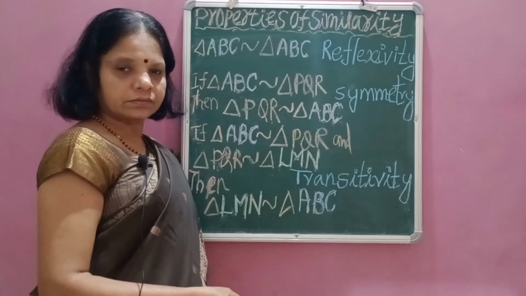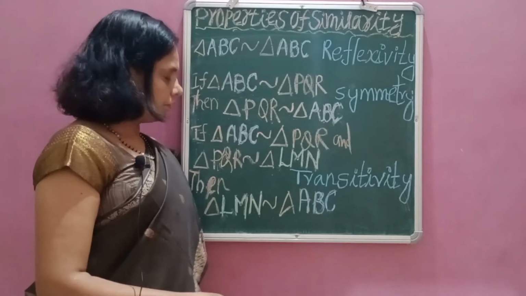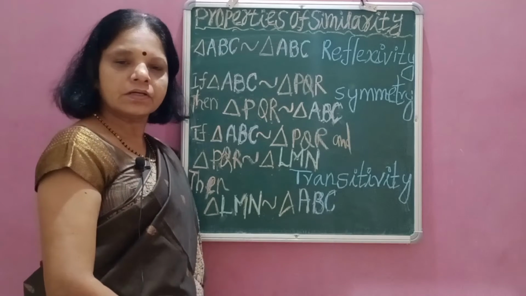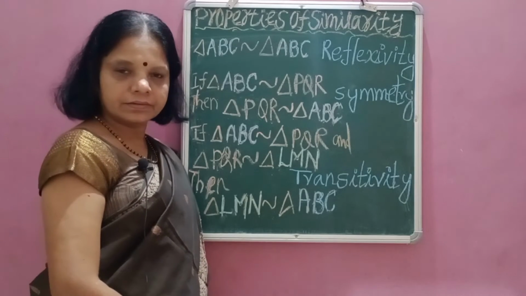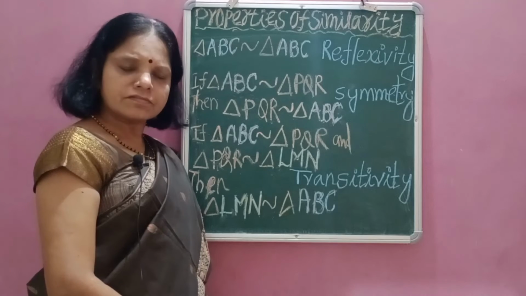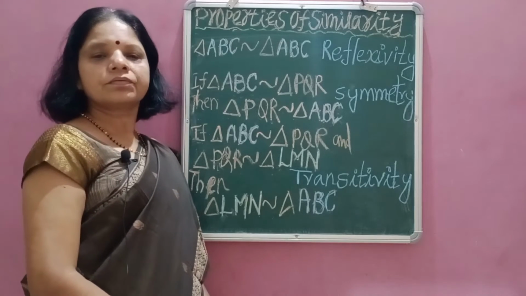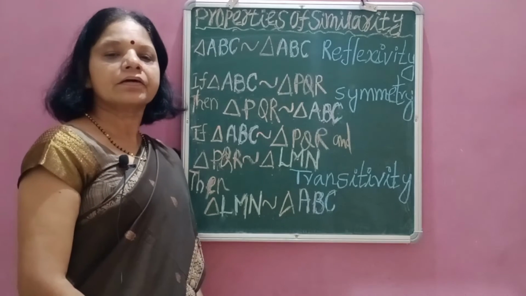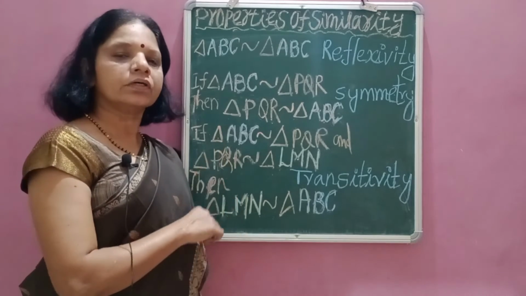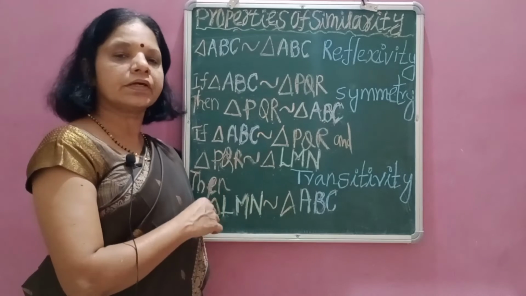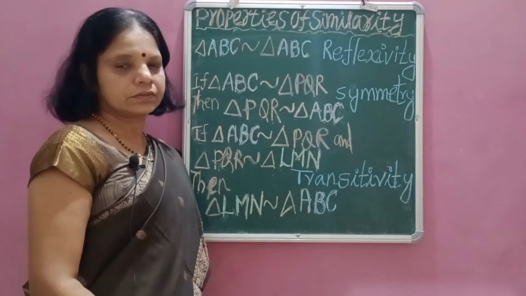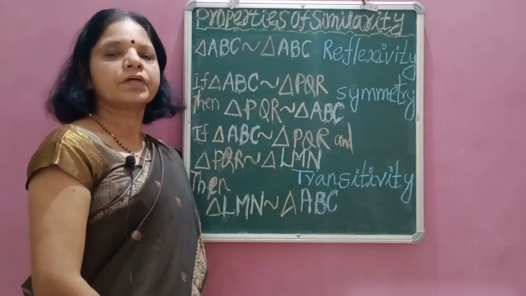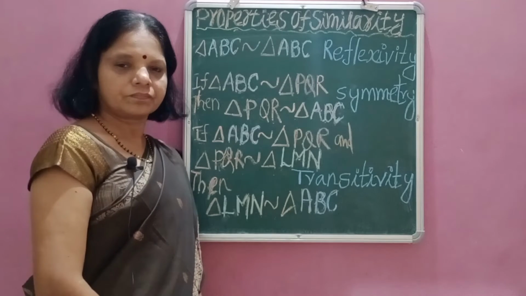Three triangles are there. If a triangle is similar to a second triangle and this second triangle is similar to a third triangle, then the third triangle is similar to the first, or the first triangle is similar to the third. So this property is known as property of transitivity.